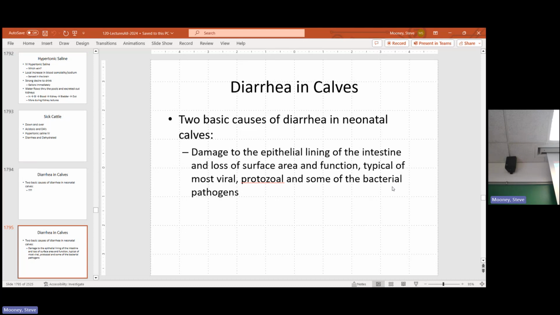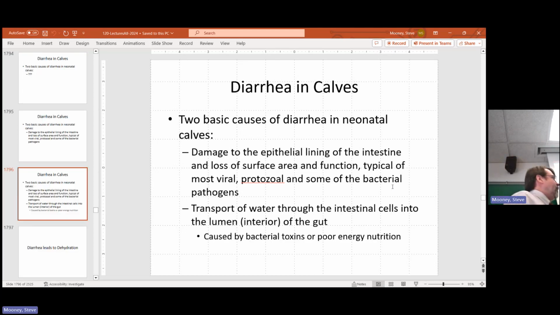And as long as those nutrients stay in the lumen, the body's going to try to equal things out. So if stuff does not get digested and absorbed, it stays in the gut. Water gets drawn to it, and we get diarrhea. We're not getting the absorption that we should.